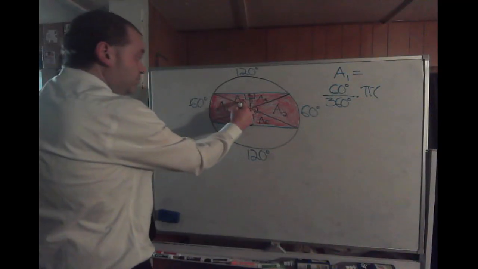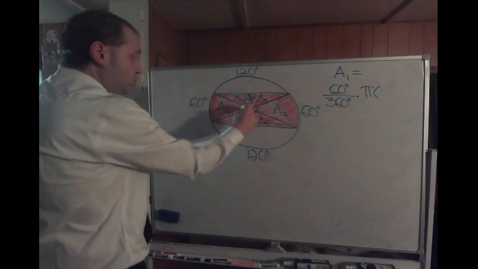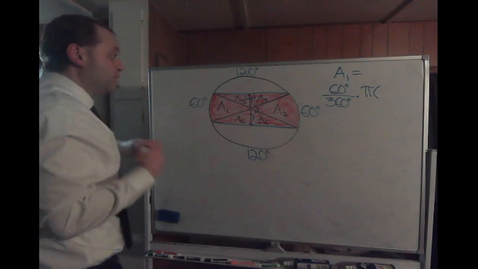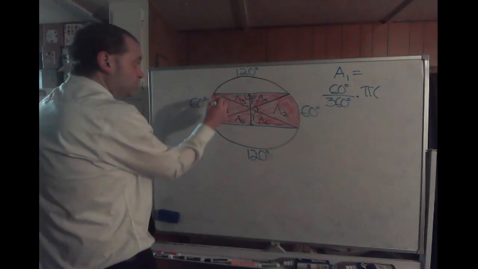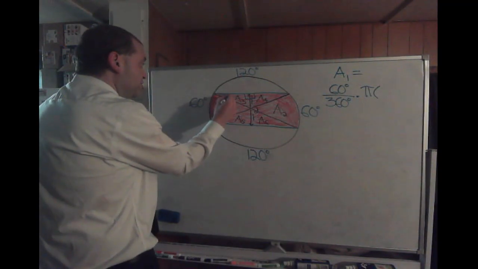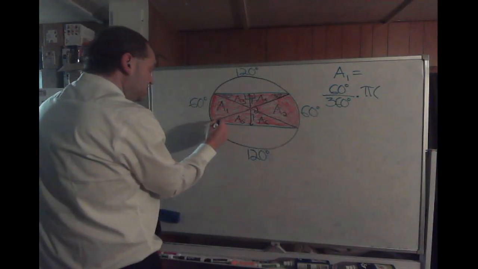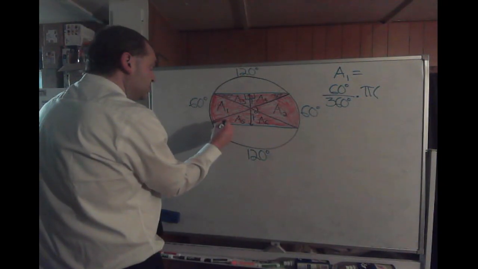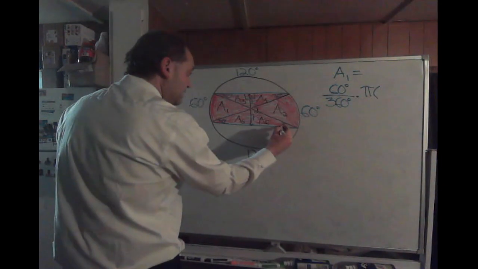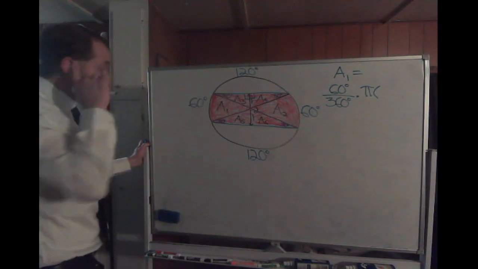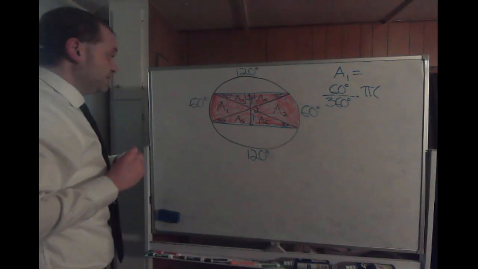This central angle here would be ultimately 120, but since you have an altitude, it bisects into two 60-degree angles. This here would be a 30-degree angle, so would this, so would this, so would this. So now you have yourself a 30, 60, 90 right triangle.